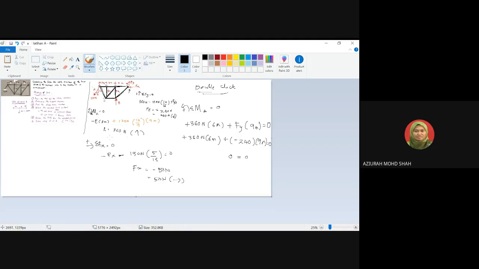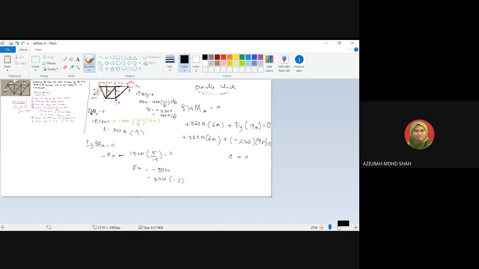So you know that E dengan Fy ni memang confirm betul lah. Takkan Fx ni salah kot. So E dengan Fy ni memang confirm lah nilai kamu tu betul. So if you have time, you can double check lah. Right. Okay. So kita dah ada dia punya support reaction.